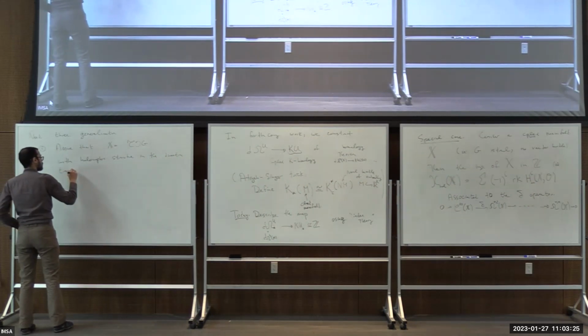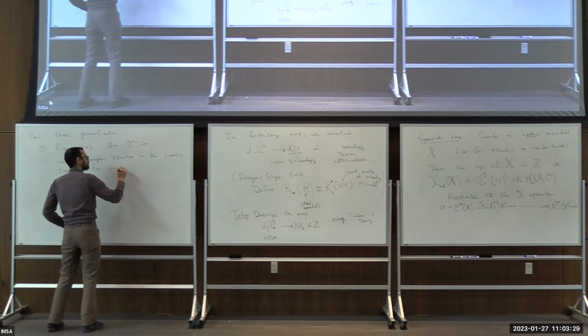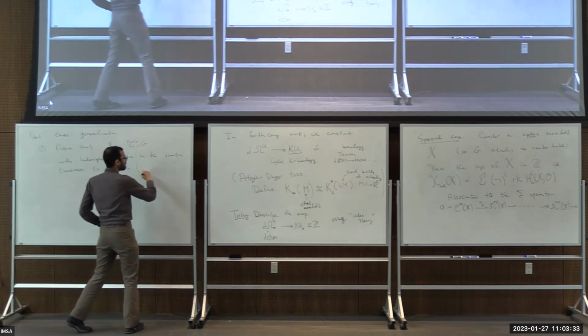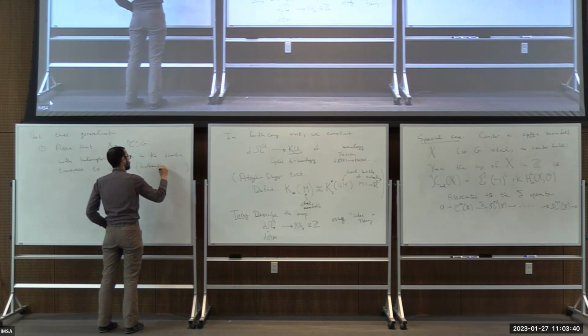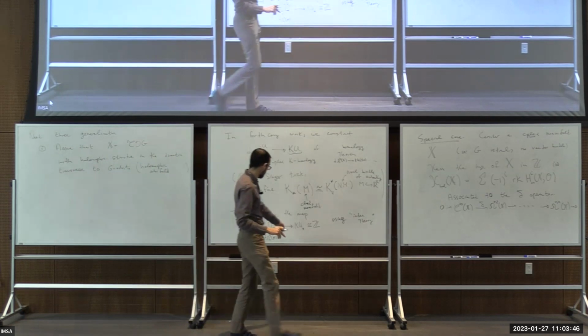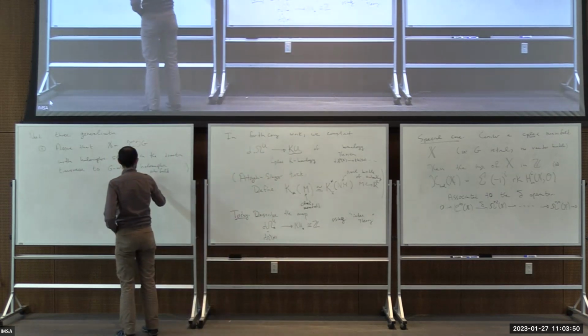Transverse to G orbits. If you want a different name for this, you can just say that this is a holomorphic one. And in this case, this natural transformation sometimes goes under the name holomorphic Lefschetz.